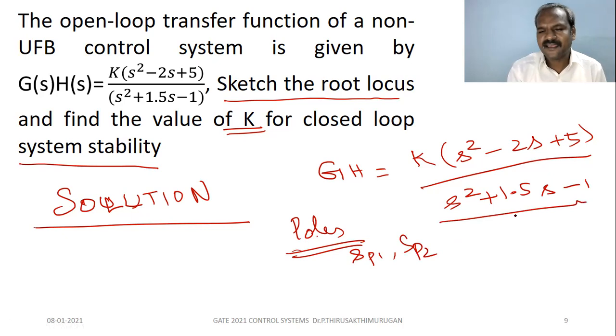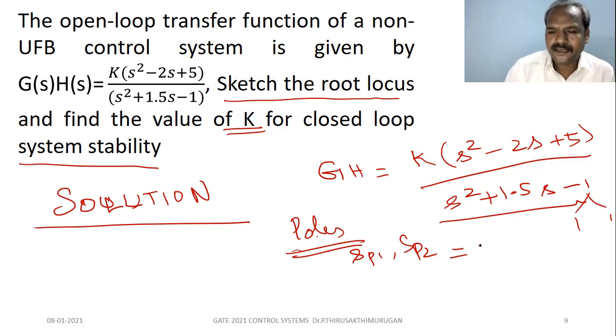If you factorize this, we will be getting one pole at -2, another pole at plus 0.5.